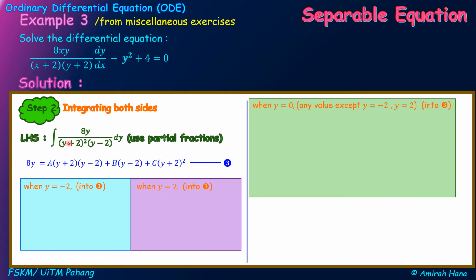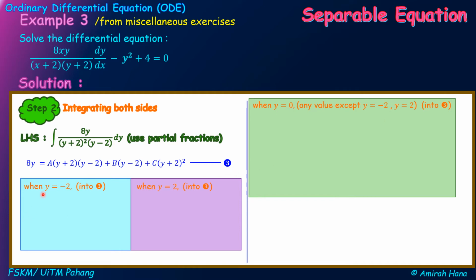And after that, there are no more linear factors, so we can take any value of y except negative 2 and 2. We choose the easiest value of y, such as 0. Okay, we substitute into equation 3.